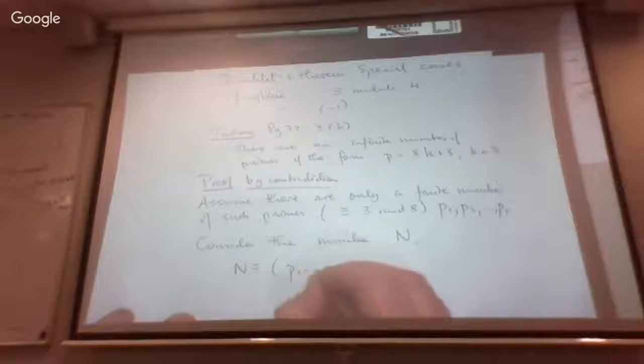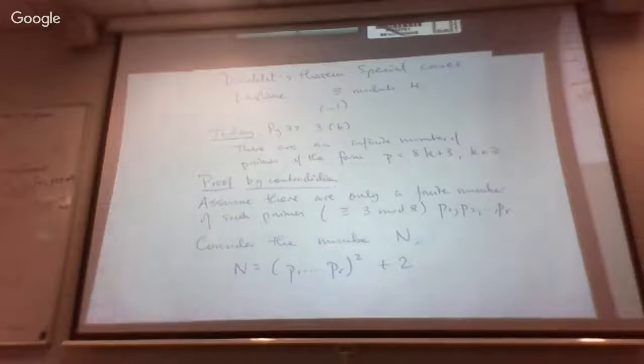Now the correct pattern to use is given to us by the exercise. We're multiplying together all these primes, P1 up to PR, just as we did in Euclid's argument. This time we're not adding 1, we're adding 2. And before we add 2, we square that product.